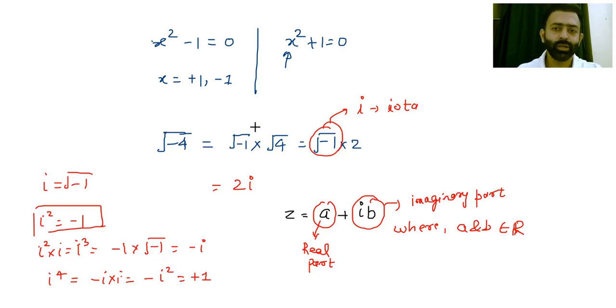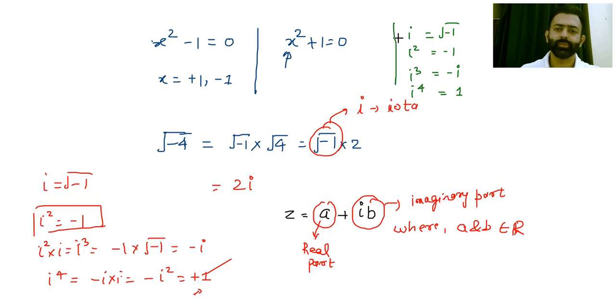So these four are the basic results that you need to remember: the value of i is the square root of -1, i squared is -1, i cubed is -i, and i raised to power 4 is +1. Just remember these.